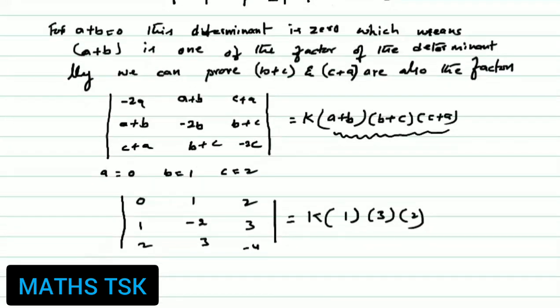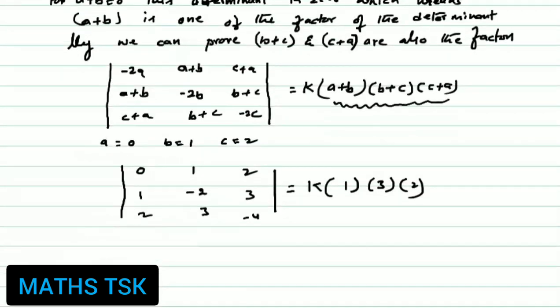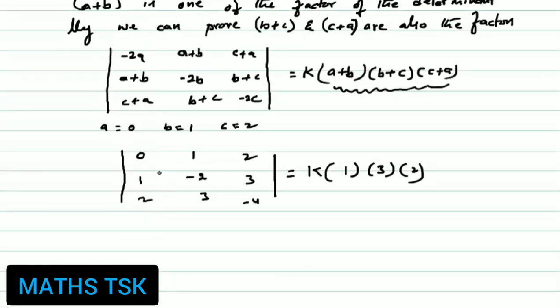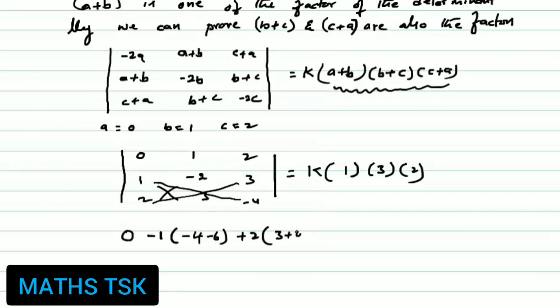Okay, then write the determinant value: 0, minus 1 into minus 4 minus 6, and then plus 2 into 3 minus of minus 4, that is 3 plus 4, is equal to 6k.